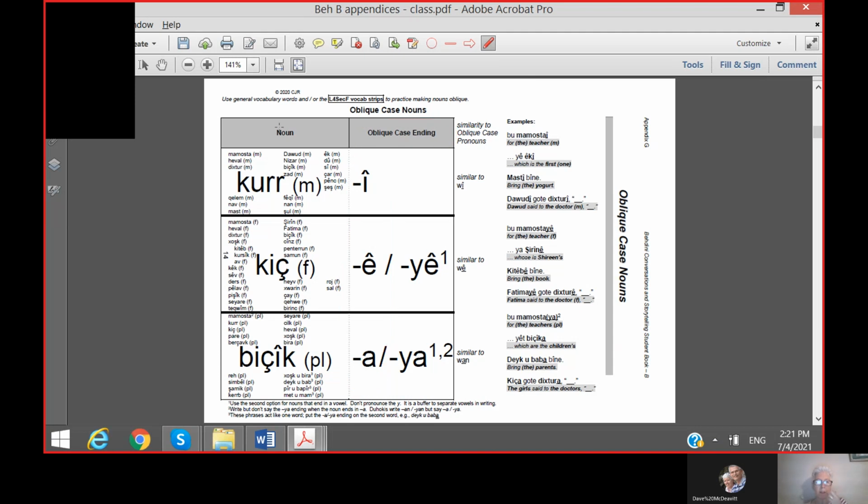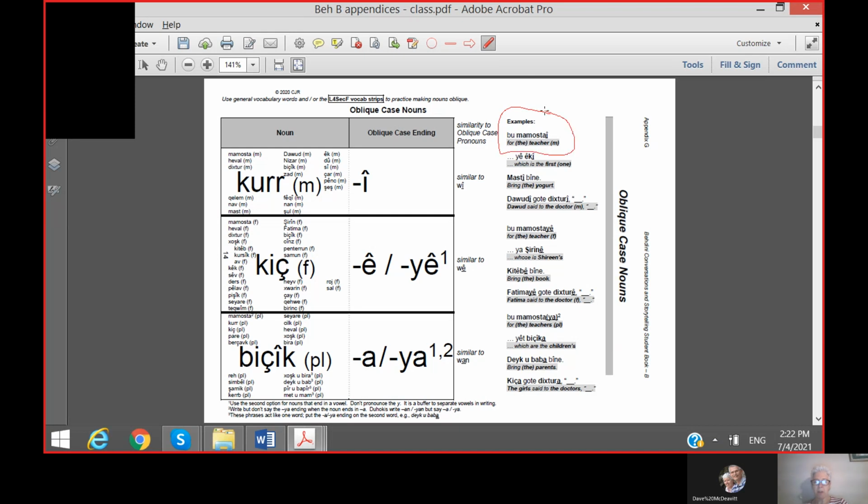And then in the first column, you have nouns. All of these nouns are masculine. All of these nouns are feminine. And all of these nouns you can use in a plural sense. Here are some examples over here.